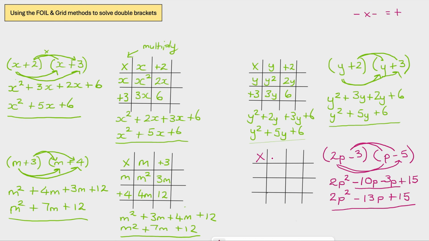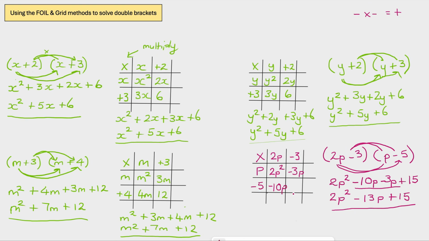Once again, to the grid, this is 2p minus 3 and p minus 5. P times 2p is 2p squared. P times minus 3 is minus 3p. Minus 5 times 2p is minus 10p.